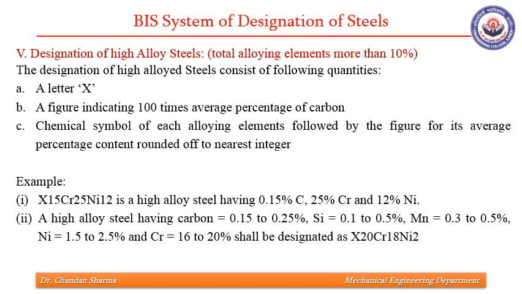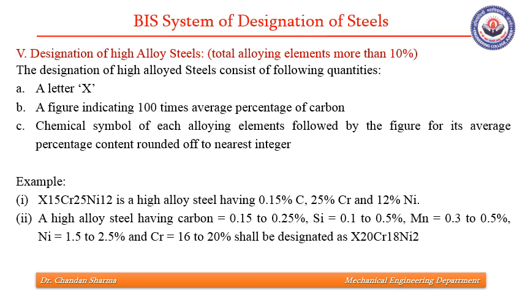So immediately after X, the figures will represent 100 times the average percentage of carbon, and then the chemical symbol of each alloying element followed by the figure for its average percentage contained, rounded off to the nearest integer. It means for designating high alloy steel, we need not remember any multiplying factors. The actual percentage will be denoted by the figure.